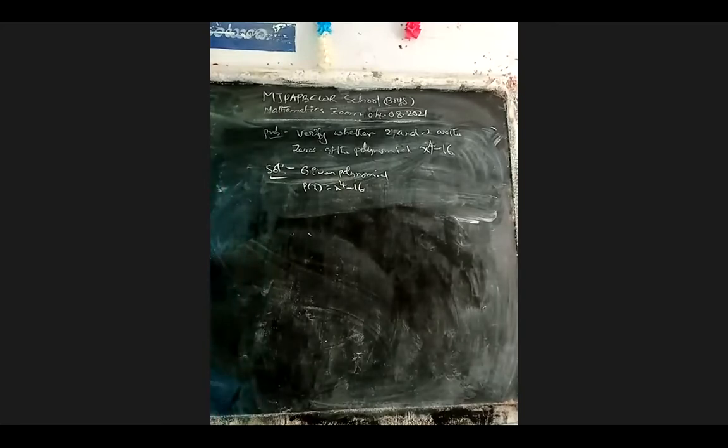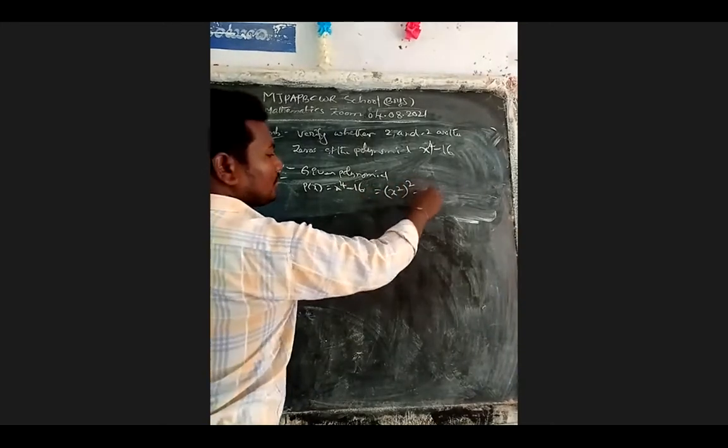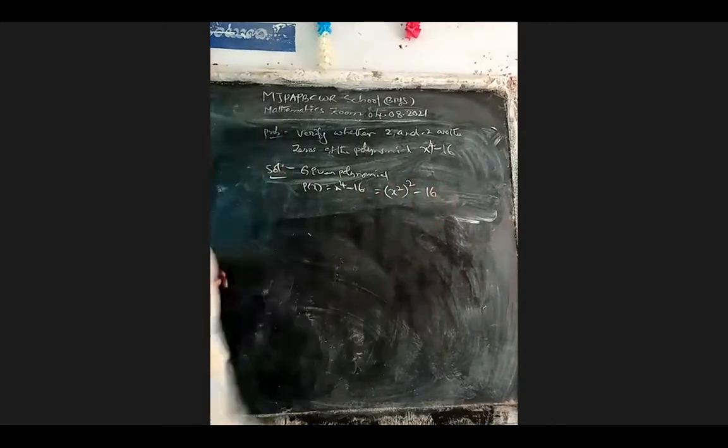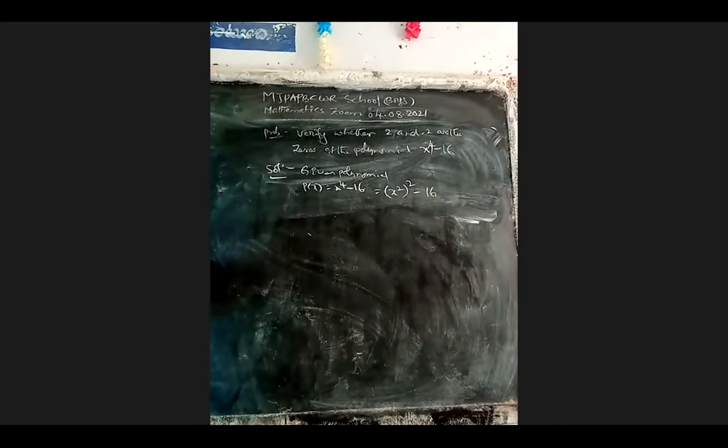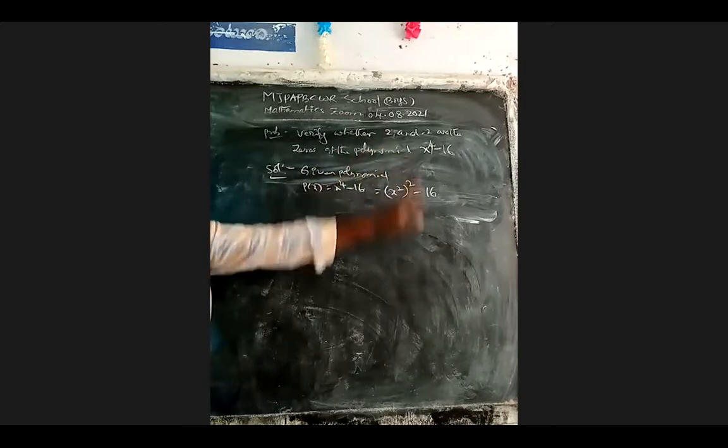Since, how can we write this as x square whole square minus 16? Write it, x square whole square minus 16. The problem is to verify whether 2 and minus 2 are the zeros of the polynomial.